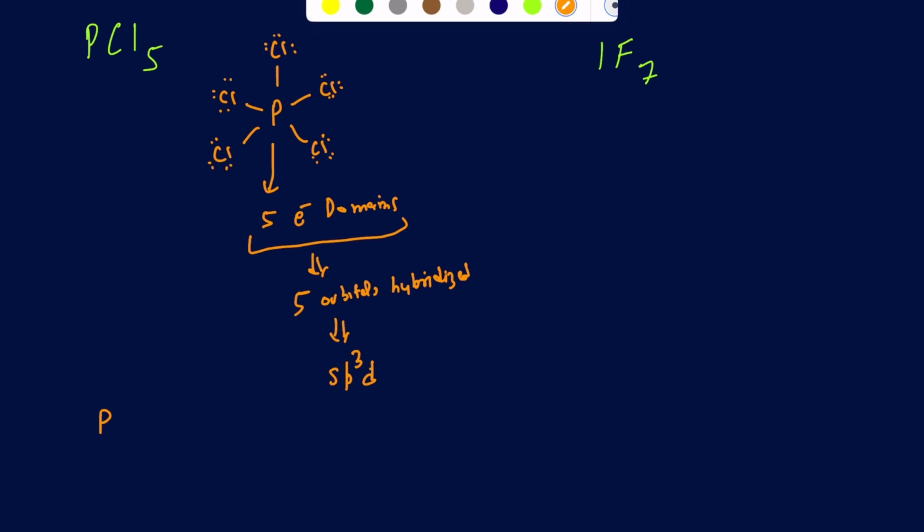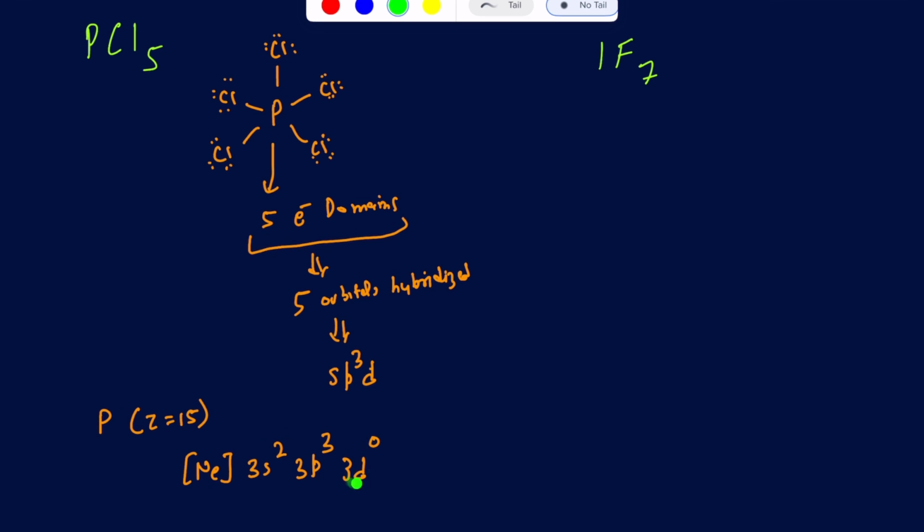Phosphorus has an atomic number of 15, which means its valence shell electronic configuration, after neon, is 3s2, 3p3. So I have 2 electrons in 3s and 3 electrons in the 3p, but we don't really write it down. But remember, there is a 3d subshell that actually exists that does not have any electrons.